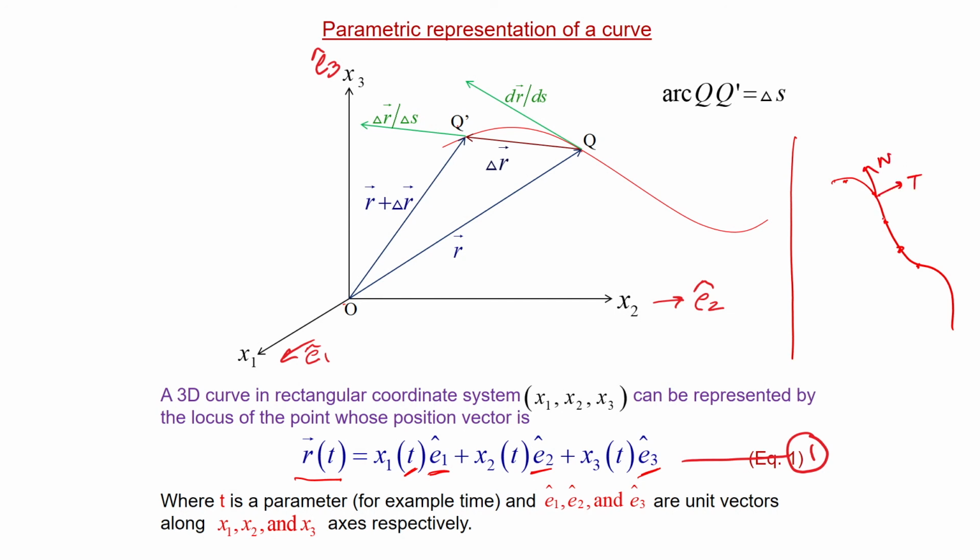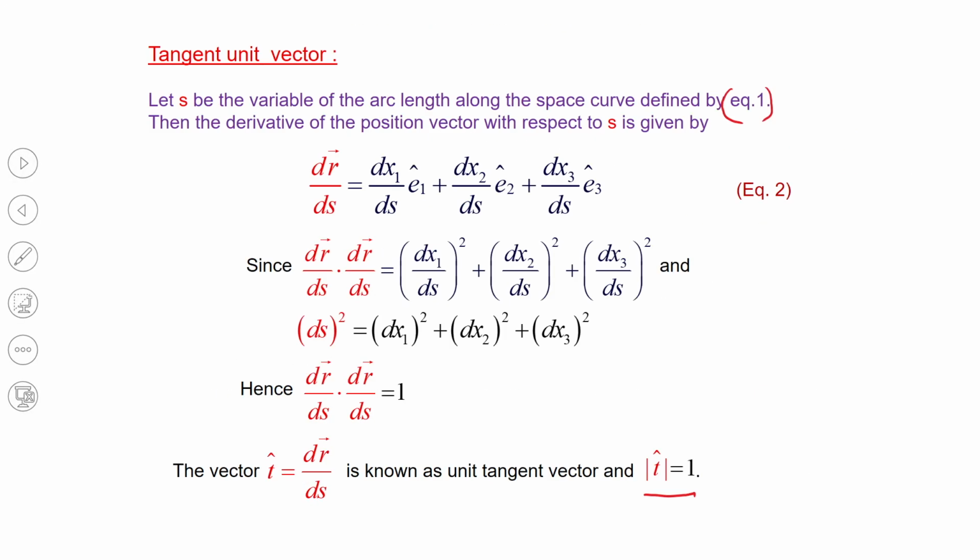So at different locations they vary. The unit vectors associated with the curve change along the path, so they are not constant. Their magnitude remains the same, but the direction changes.